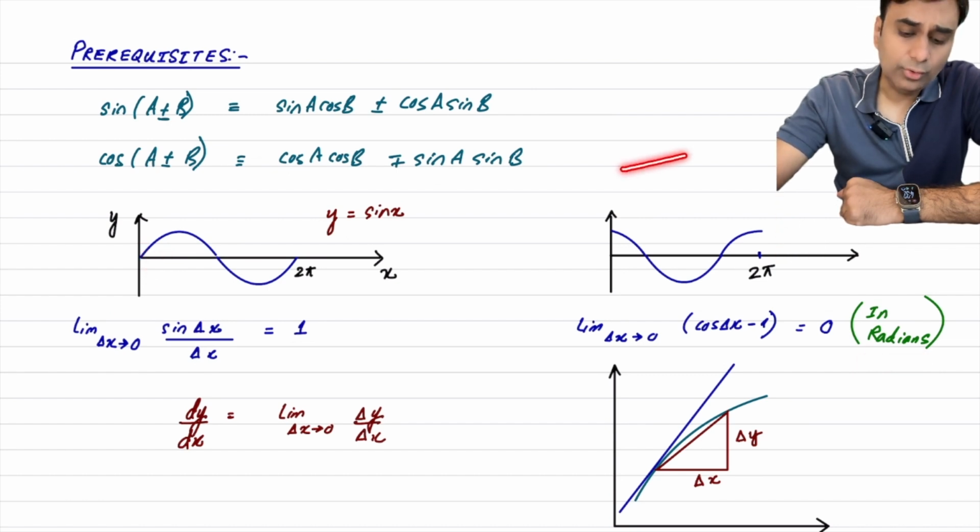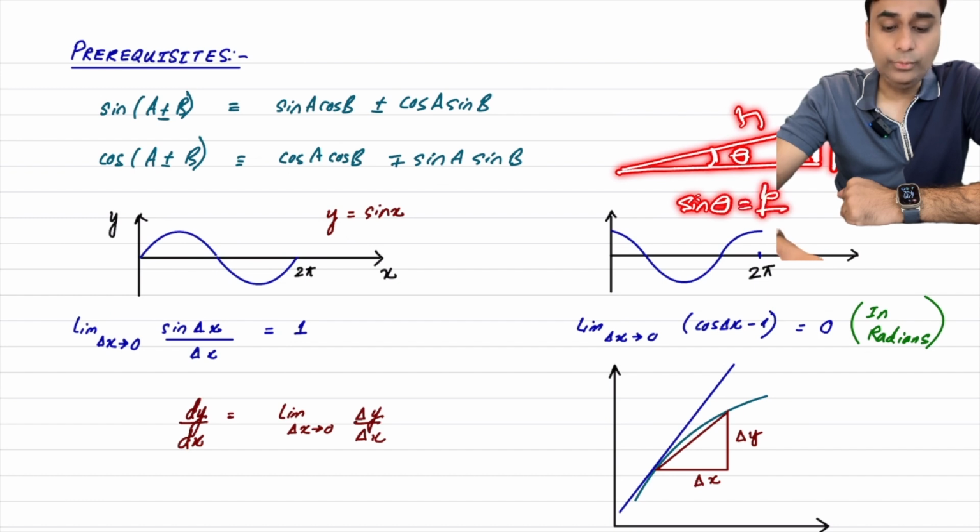You can try and visualize this by means of a right angle triangle, and you can see that if this angle is theta, then sine theta is going to be perpendicular upon hypotenuse.